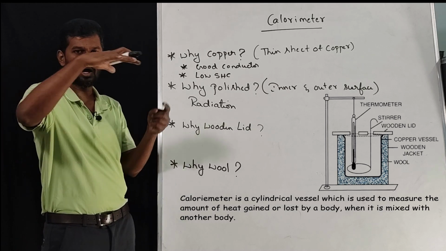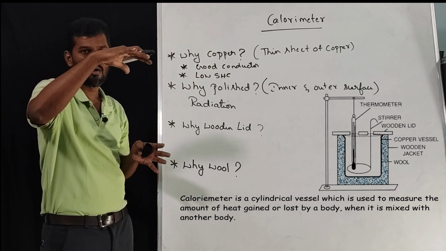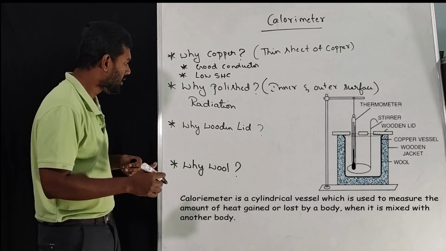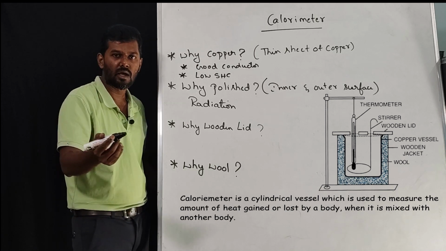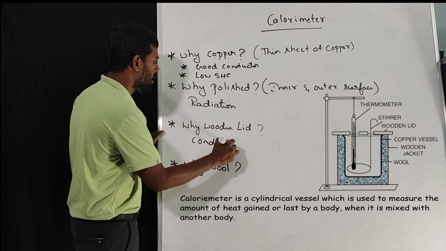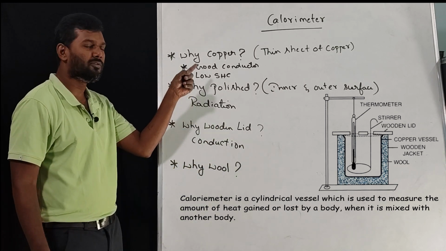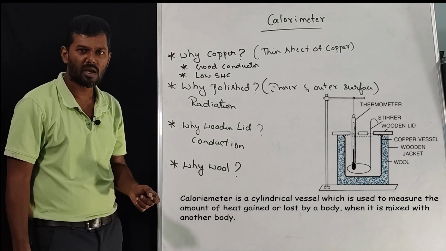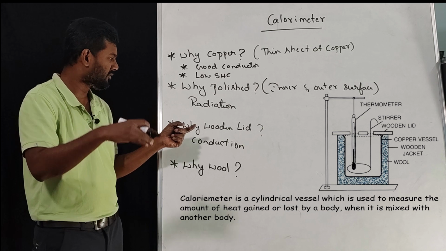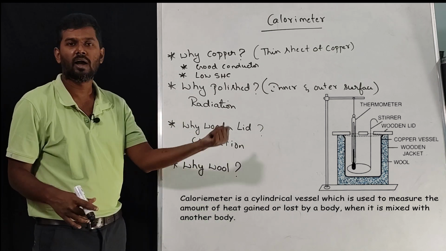On top of the copper cylindrical vessel, there will be a wooden lid. Why do we keep that wooden lid? To avoid the loss of heat in the form of conduction. We'll close it with the wooden lid to avoid the loss of heat energy in the form of conduction.